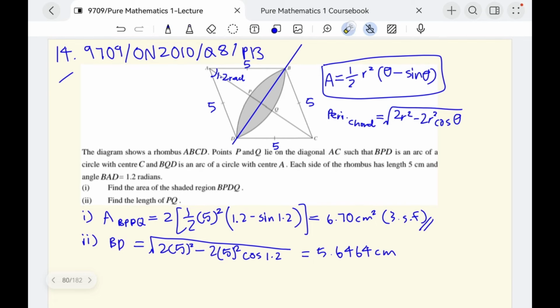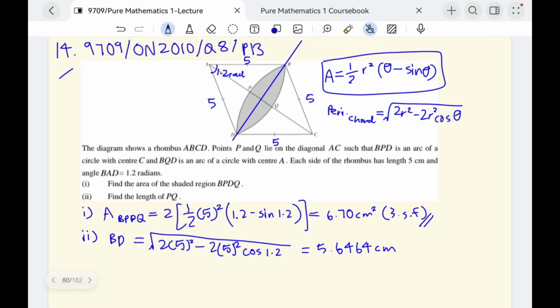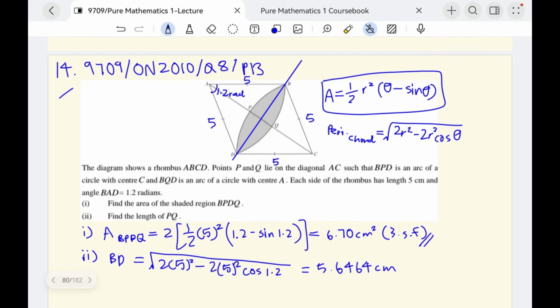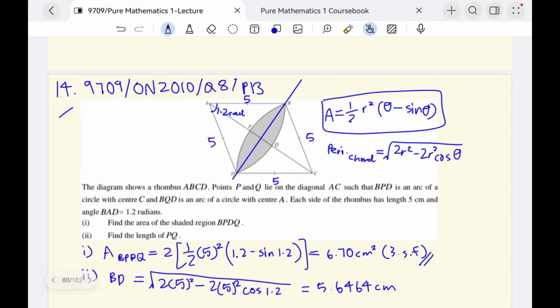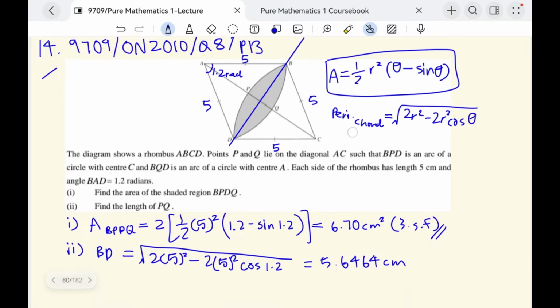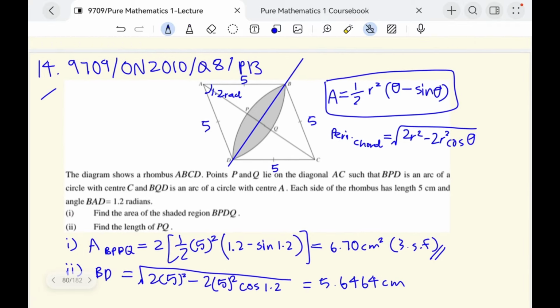Next, I want to find the diagonal AC. So how do we find the diagonal AC? Eventually the question wants you to find PQ.